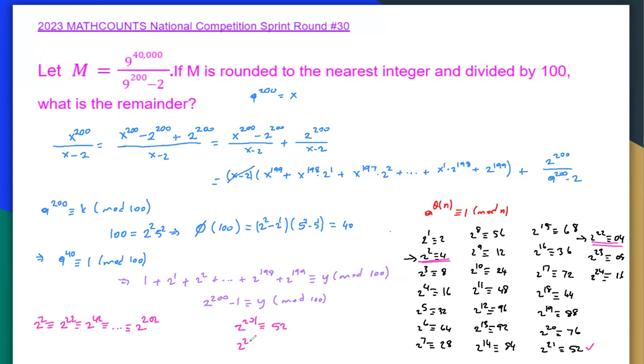And if you go back one more, 2 to the 200 will be congruent to 76. Which is good, because we were trying to find 2 to the 200 minus 1, and this number is congruent to 76. So then the question becomes 76 minus 1, which is 75, and that is my answer.